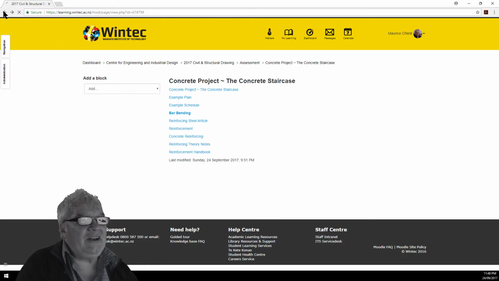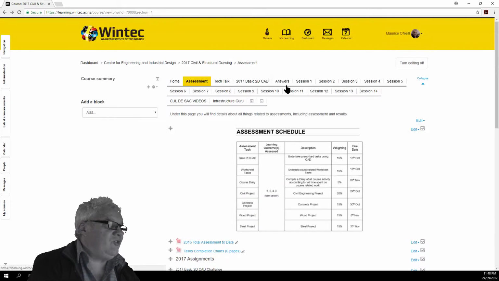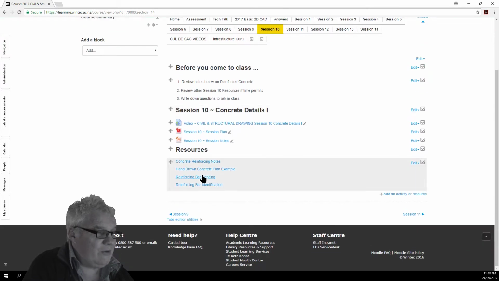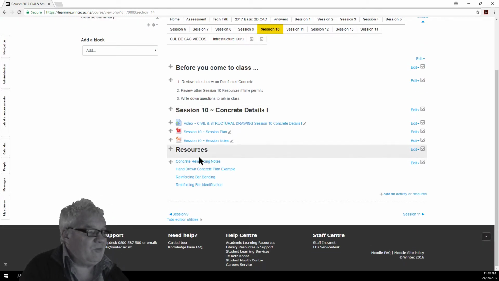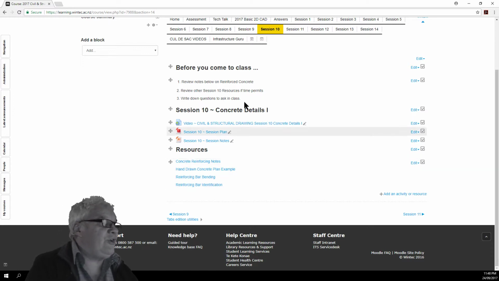So I've put that in there as key information in session 10 that might well be worthwhile looking at. Some concrete reinforcing notes, a hand-drawn plan, something about bar bending and reinforcing bar identification. I have had a bit of a look at those. Probably best that you have a look at those first.